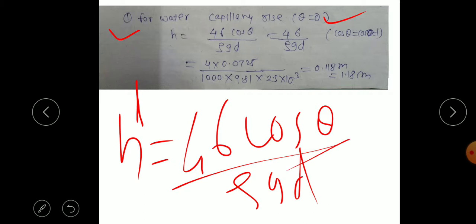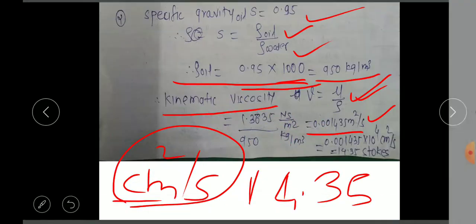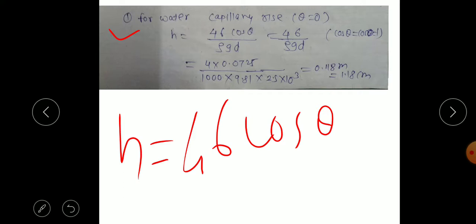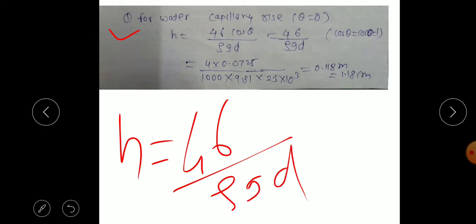In that case cos 0 is 1. So we get 4 sigma upon rho g d. Putting the values, we get h as 0.118 meter, that is 1.8 centimeter. So the liquid will rise in this capillary tube up to a height of 1.8 centimeter.